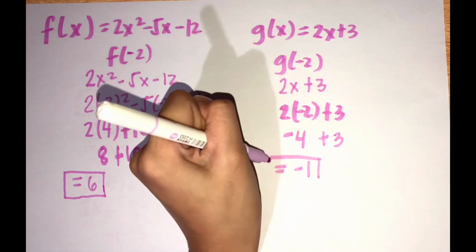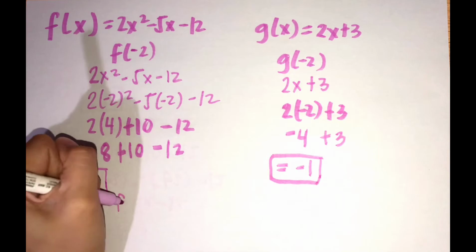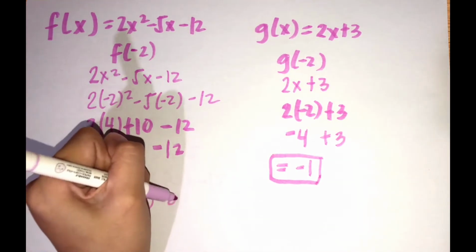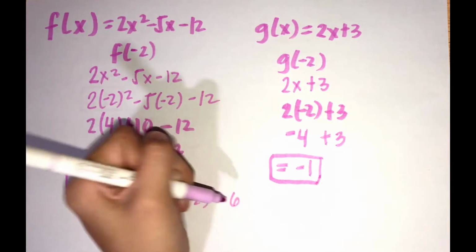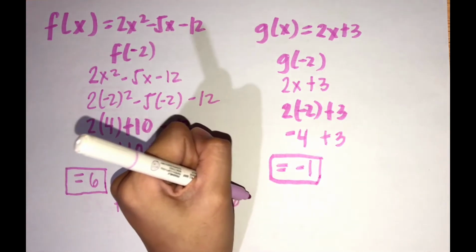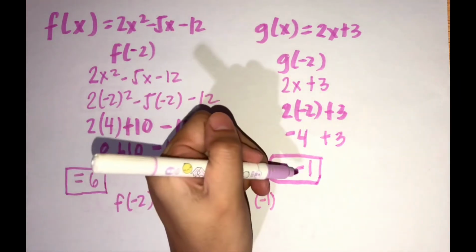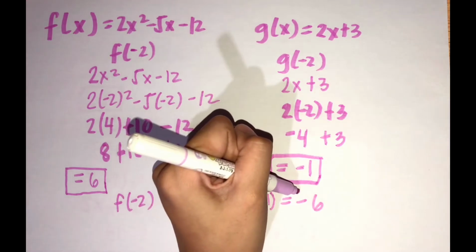So our g of negative 2 is equal to negative 1. F of negative 2 multiplied by g of negative 2 is equal to 6 times negative 1. And we have negative 6.